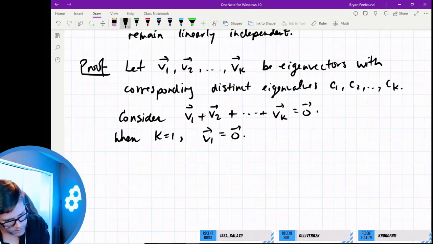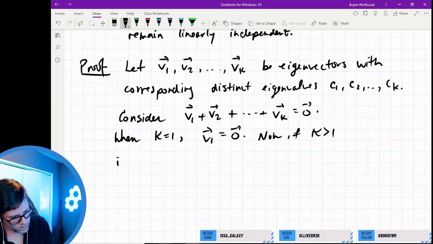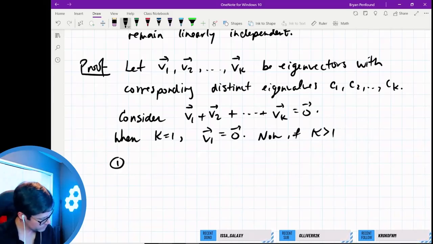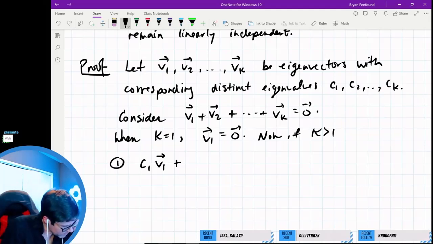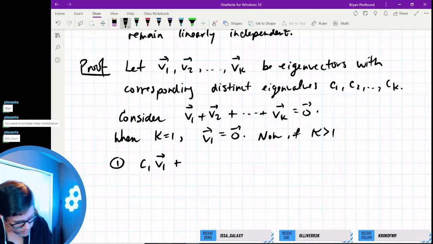Okay, so now when k is bigger than 1, there's a couple things that happen. What am I writing down here? Yes, that seems to be true. And we can left multiply here. That leads to that. And then we do a subtraction.